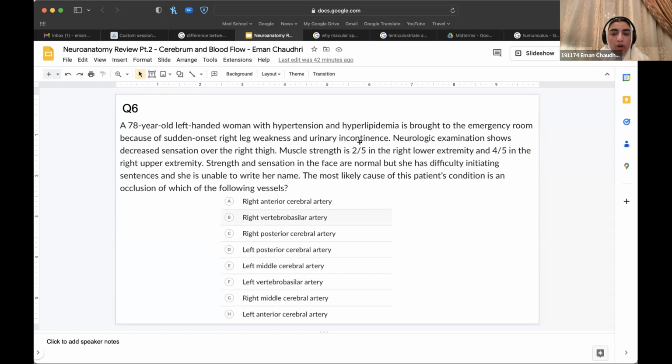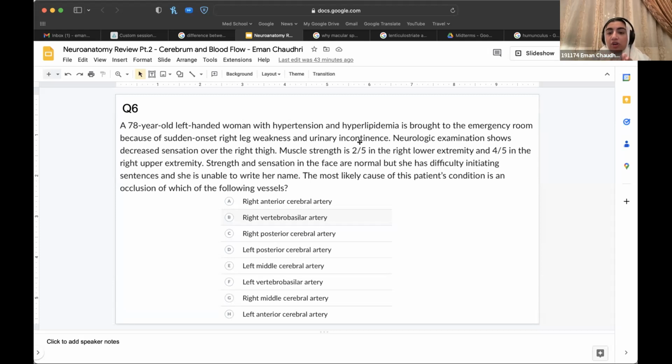Right. Why do you say right? Okay. So that is, I guess, a little bit tricky. The main thing you want to think about here is where the leg weakness is occurring.